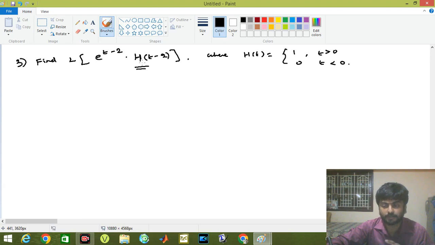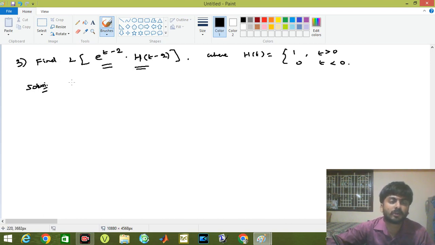Whatever is given, we can utilize it as f of t. But here we will have some function in terms of t minus c, that is f of t minus c, and along with that we will have h of t minus c. The term itself is h of t minus c. So if I am having like that, how to solve that?